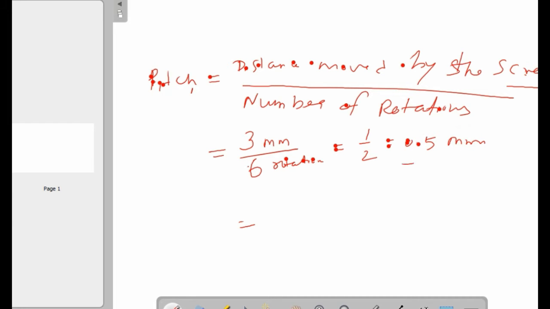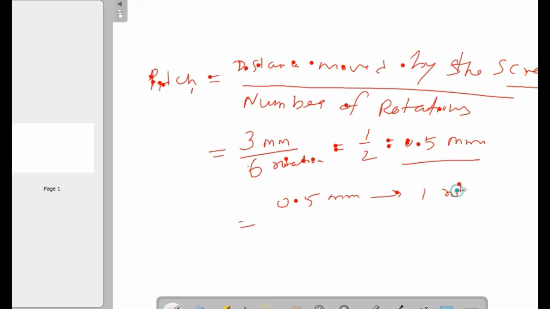What this means is, suppose you have to move the screw by 0.5 millimeter, the number of rotations you have to make is one rotation.